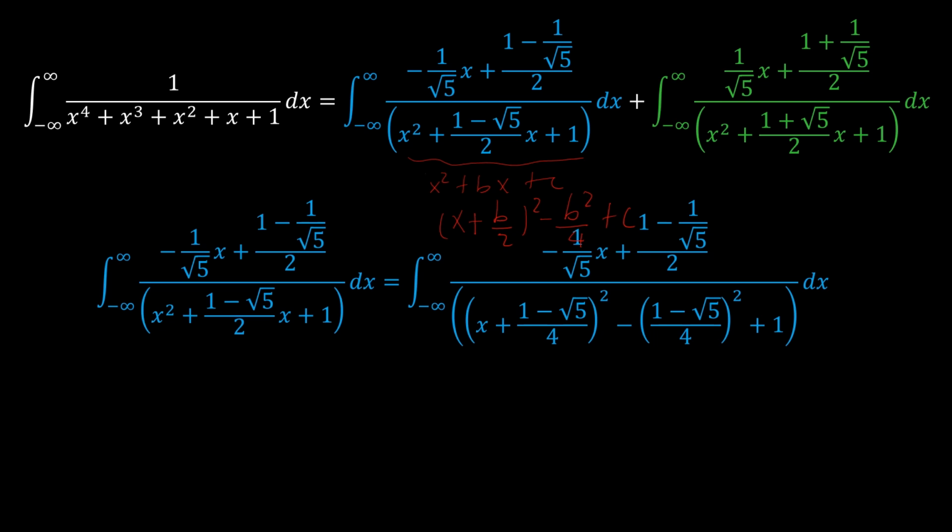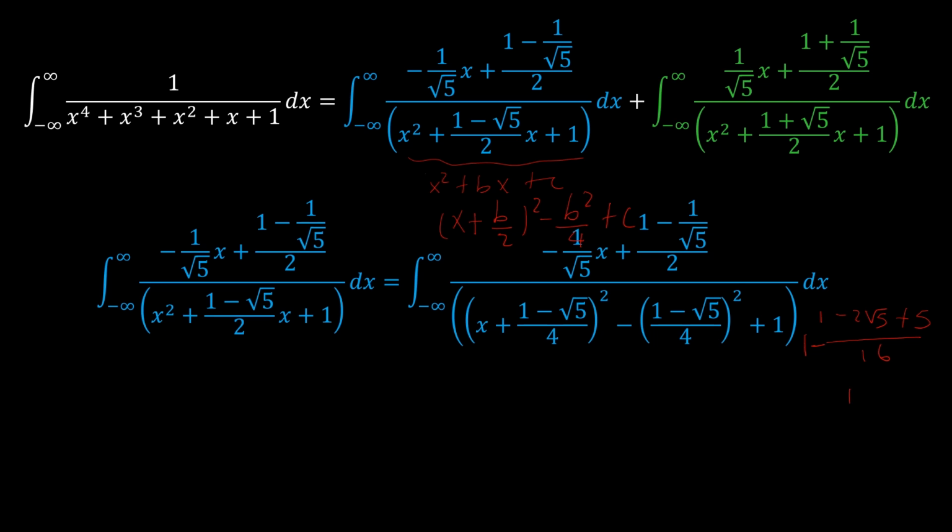Now 1 minus root 5 over 4 squared is the same as 1 minus 2 root 5 plus 5 over 16. But then this is negative, so we have to subtract this from 1. I'm going to do that.